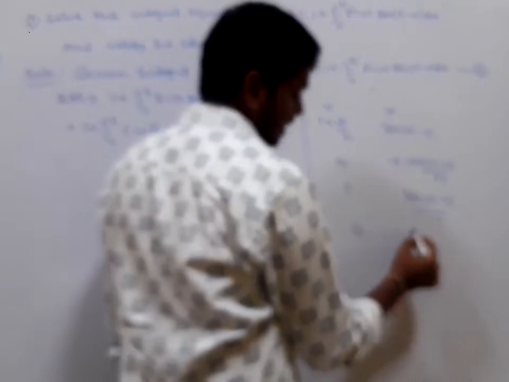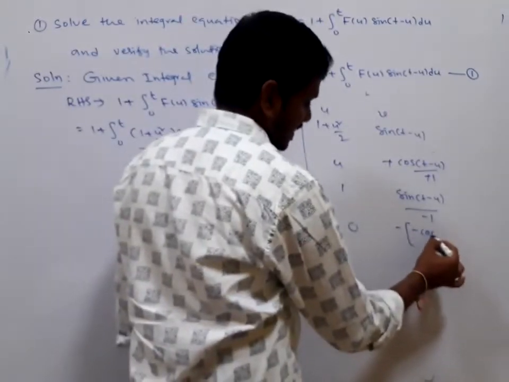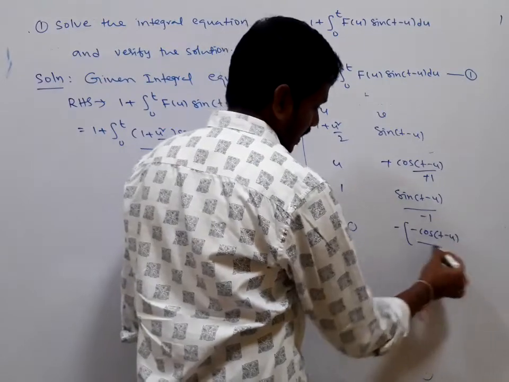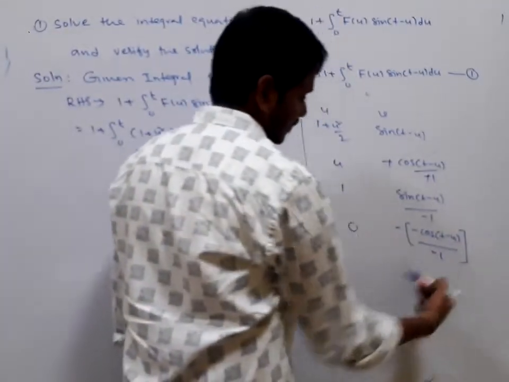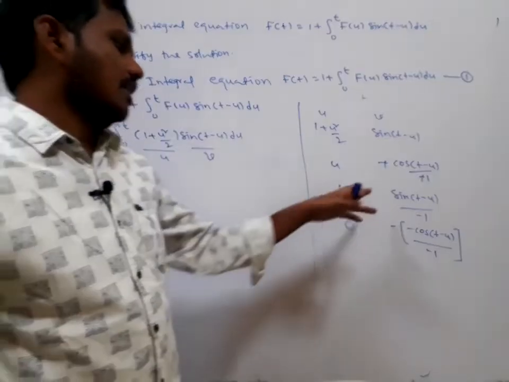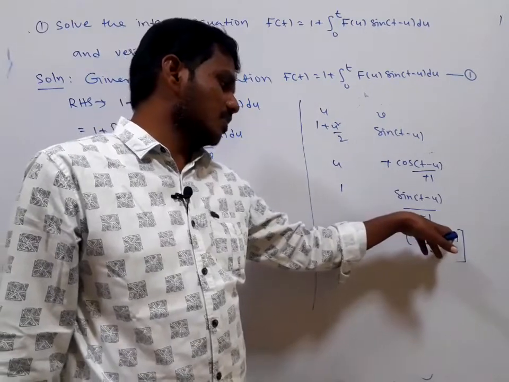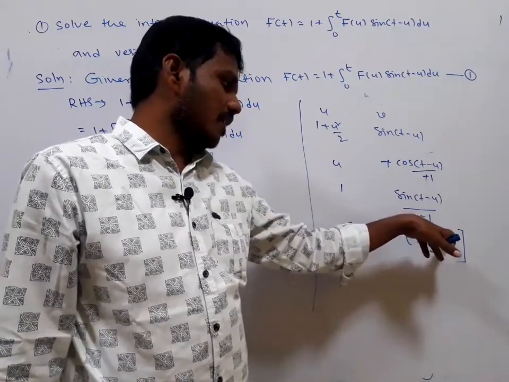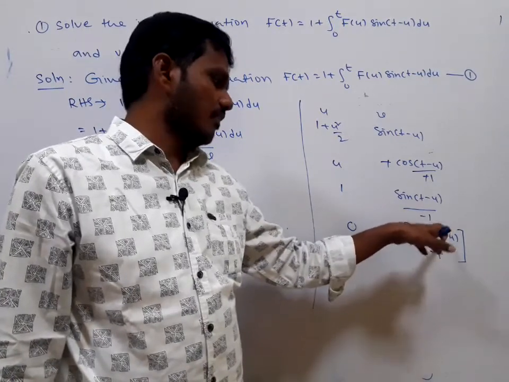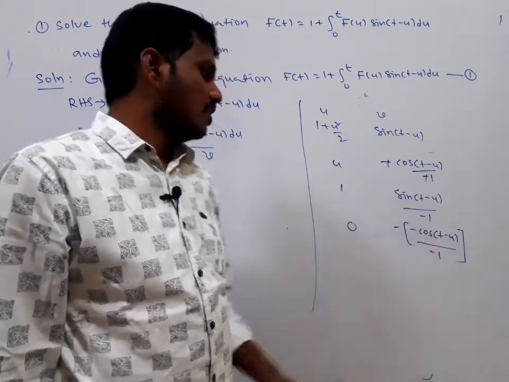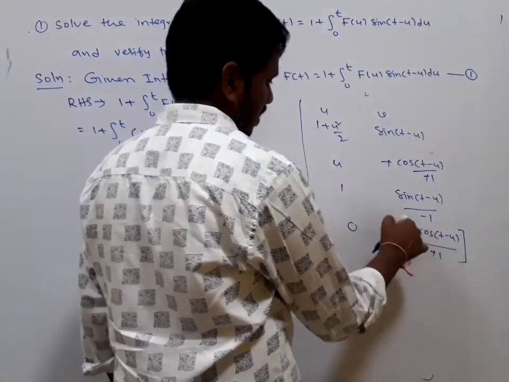Sine is minus cos: cos of t minus u divided by minus 1. Sine integration is minus cos, divided by the coefficient of u in t minus u, which is minus 1, right? So here it is minus, here minus into minus, here it is minus.